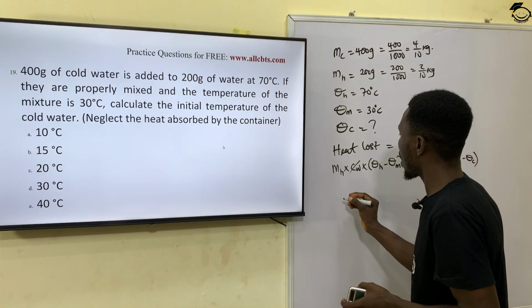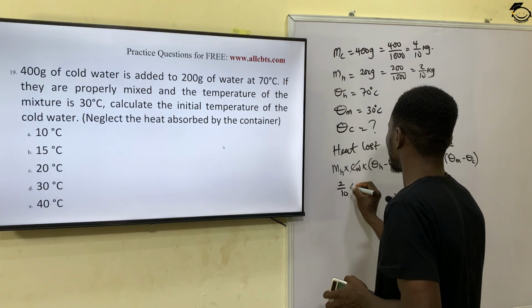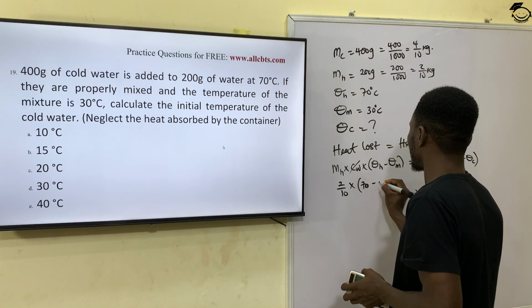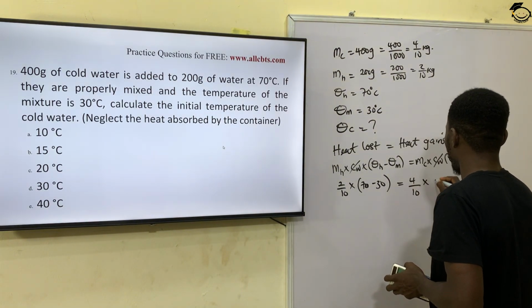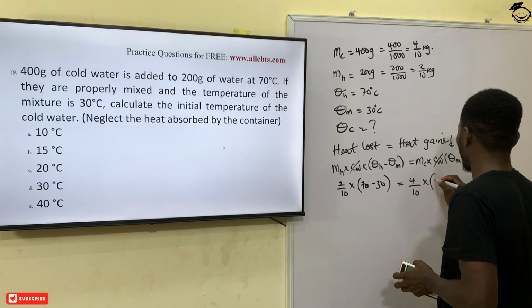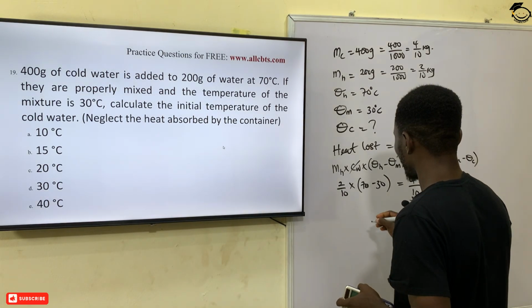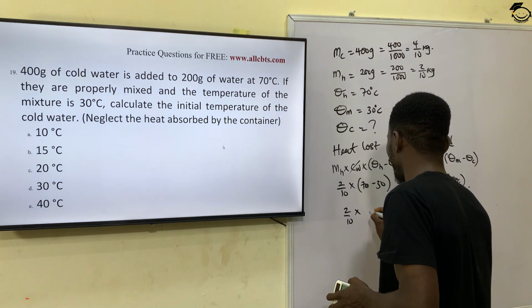So here I have the mass of hot water as 2 over 10 times the temperature of hot water, 70 minus 30. This equals 4 over 10 times my final temperature, 30 minus temperature of cold water. So this will give me 2 over 10 times 40.